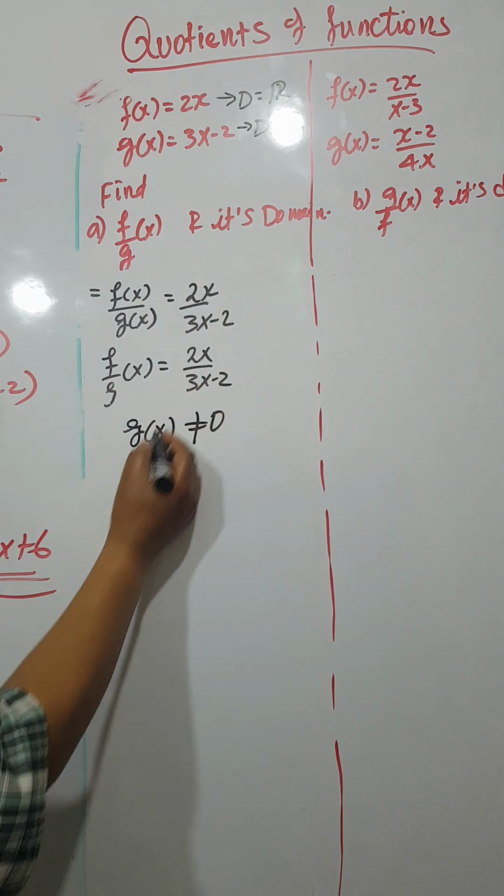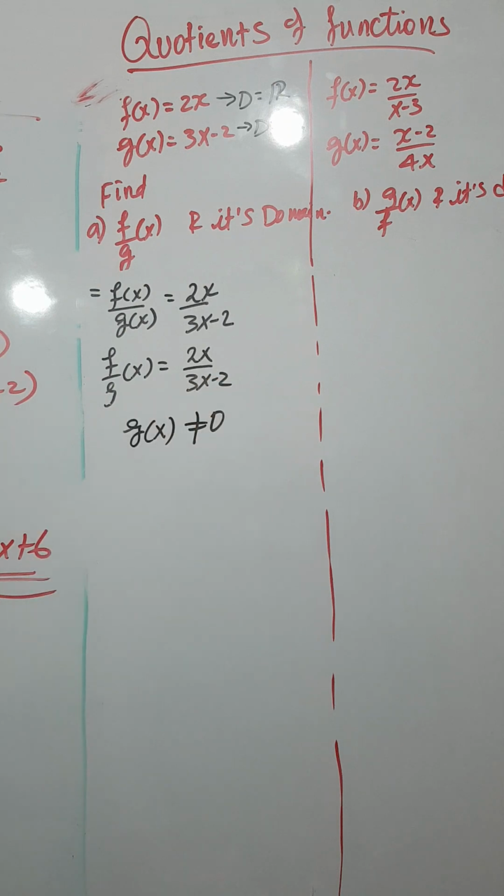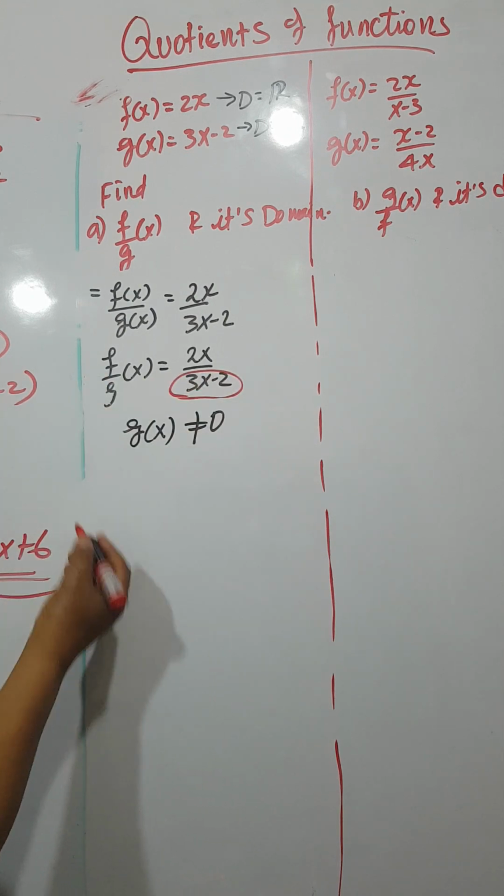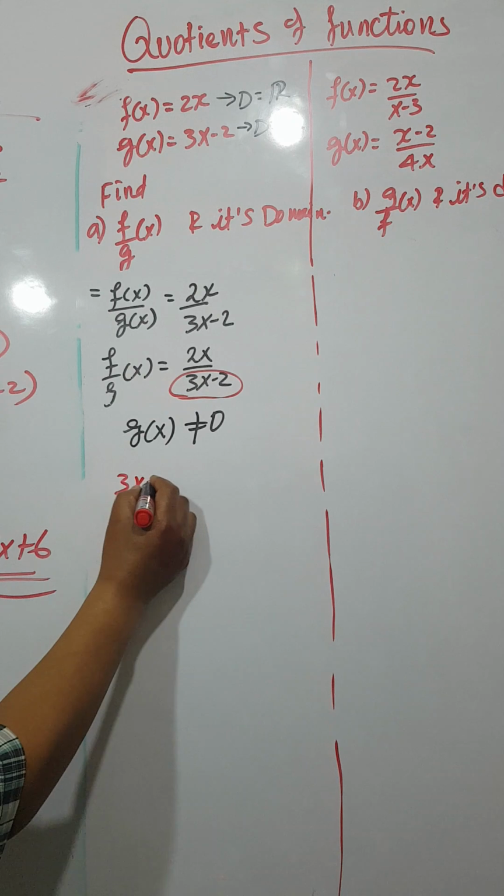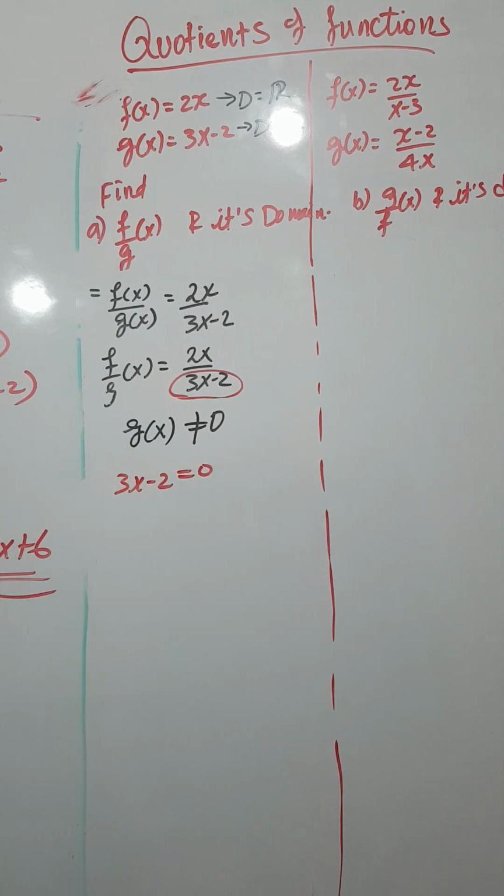ይሄ እንዳይሆን ምን ማድረግ አለብን? We have to find 0 የሚያደርገውን ቁጥር መፈለግ አለብን። Okay, our g of x is this one ከስር ያለው. So 3x minus 2 is equal to 0 ብለን እንነሳለን, just to find the number 0 የሚያደርገው.